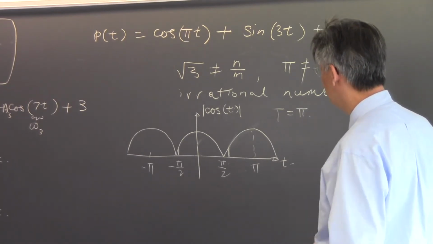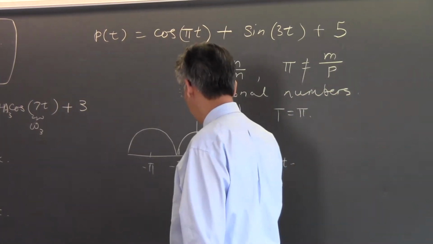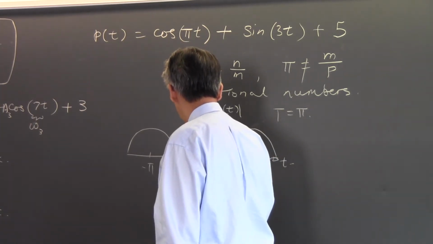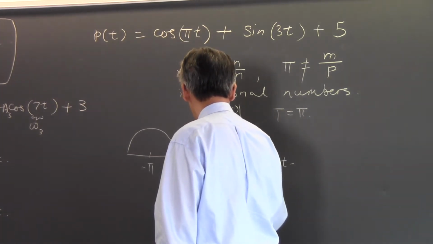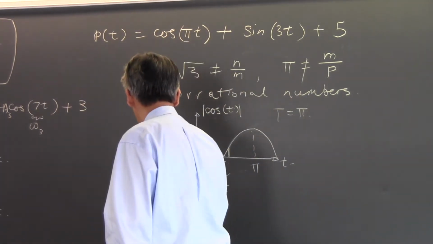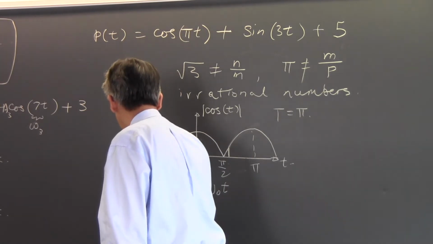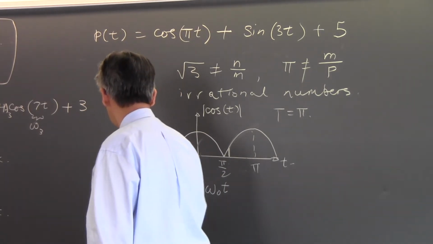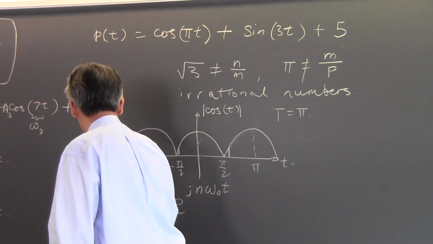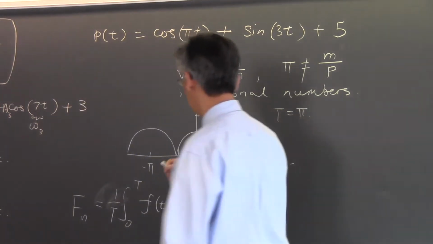And if you were to pick a fundamental frequency for this, you would do a Fourier series expansion where omega naught is your fundamental frequency. The f of t is your function, and in order to find the coefficient, you multiply by 1 over T and integrate, and this is your f sub n.